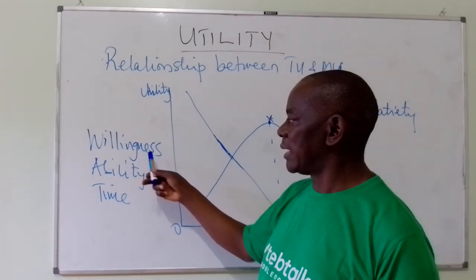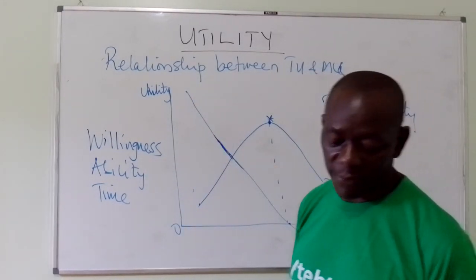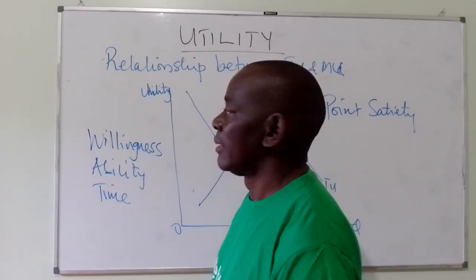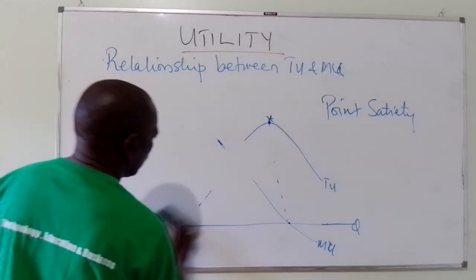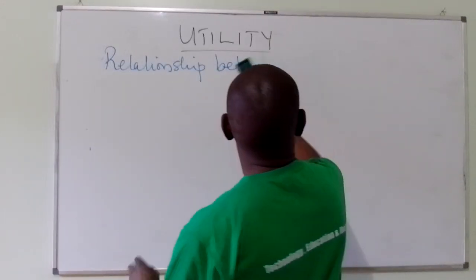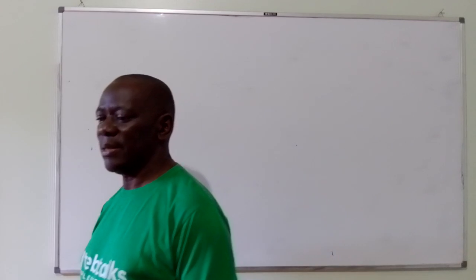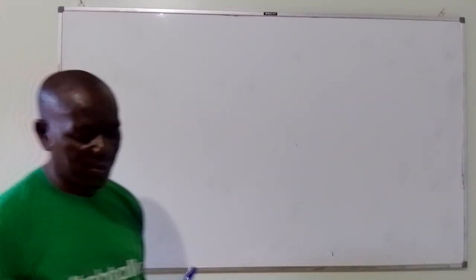So your willingness to buy that commodity depends so much on the utility that you are going to have from the product. It is very, very important. So we are to look at the relationship between marginal utility and the demand curve. Marginal utility and the demand curve is very important to look at their relationship.